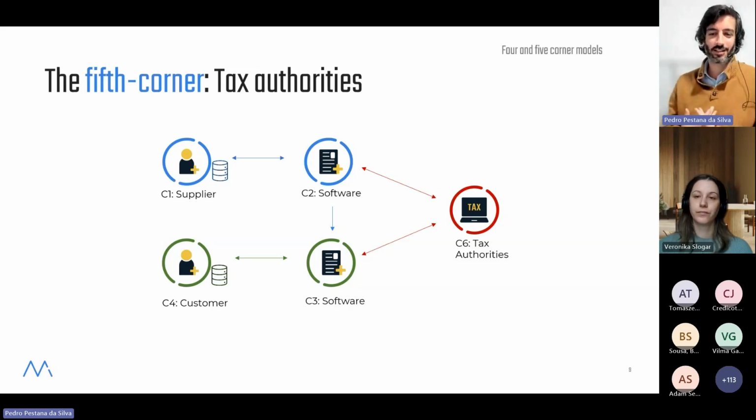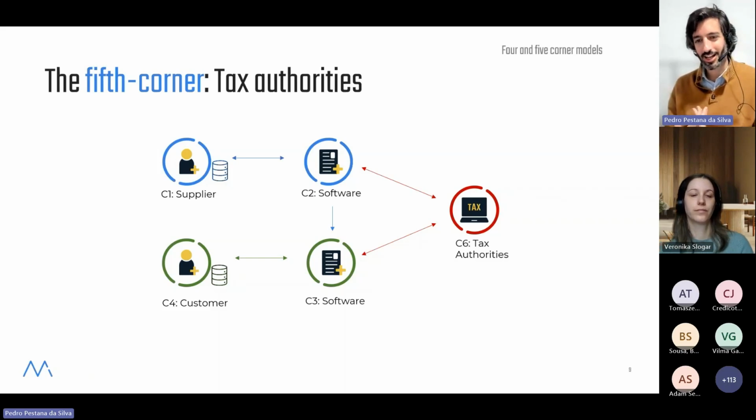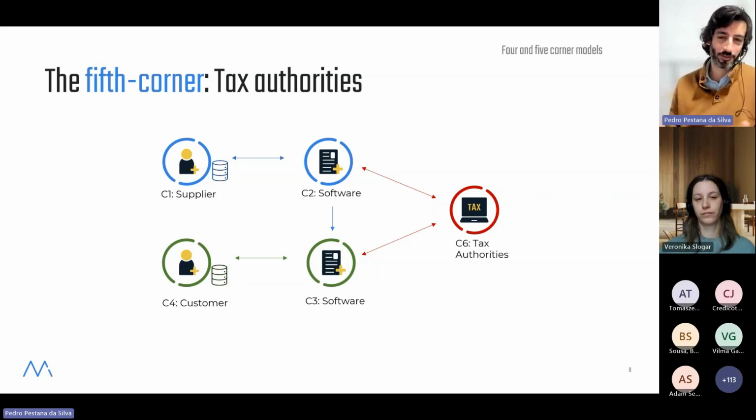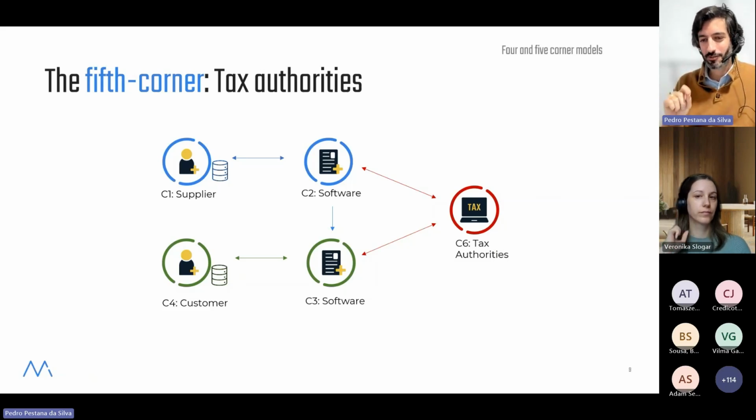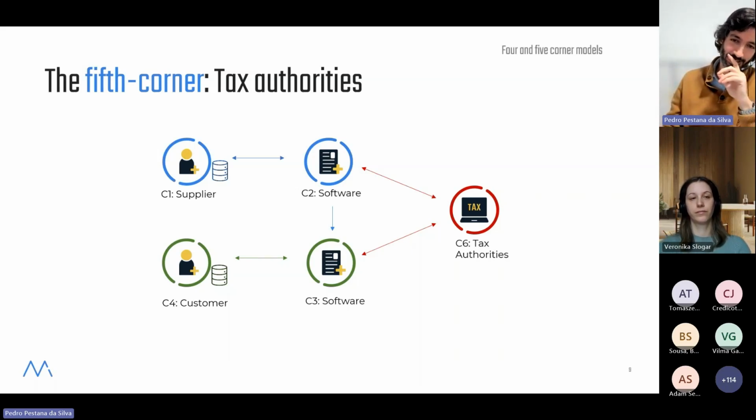This is when the tax authorities come into play and say, actually, as part of this B2B e-invoicing mandate, I do want to know what you're sending. Since it's so easy for you to send it, why don't you send it to me as well? And this changes the game. This is really what is bringing us, the tax teams, together with the billing teams, as I will explain later.